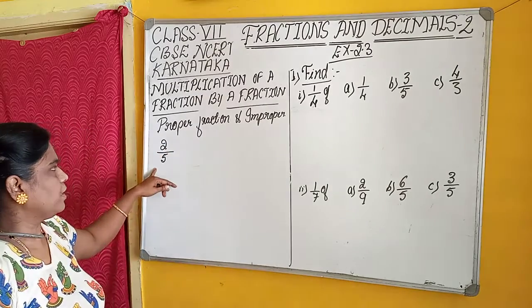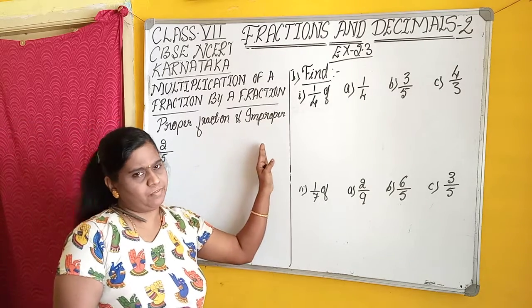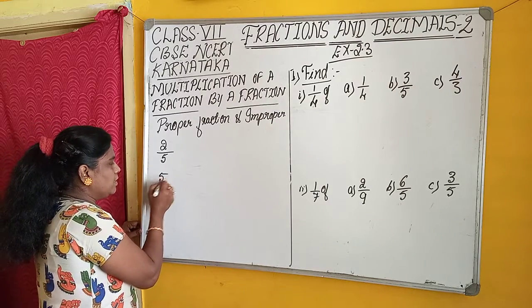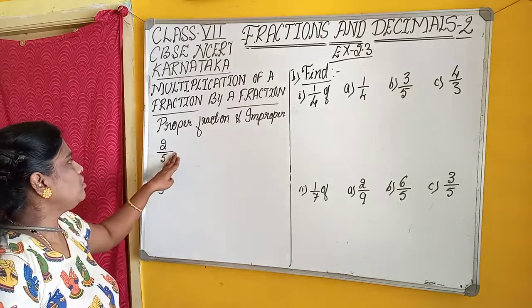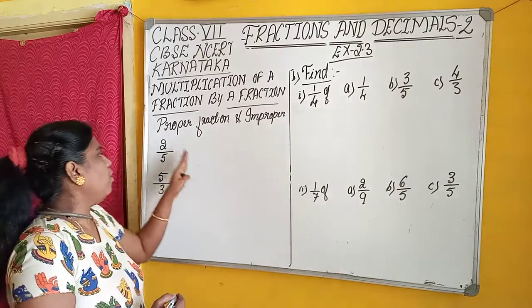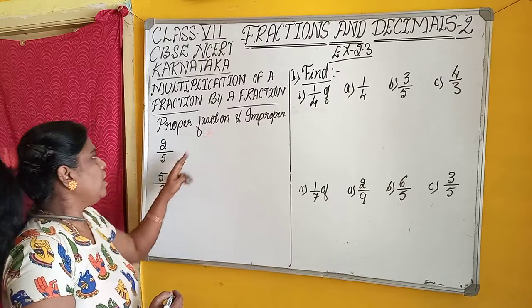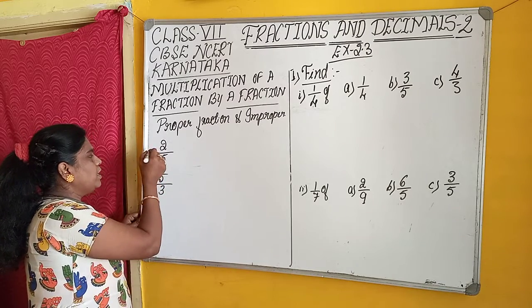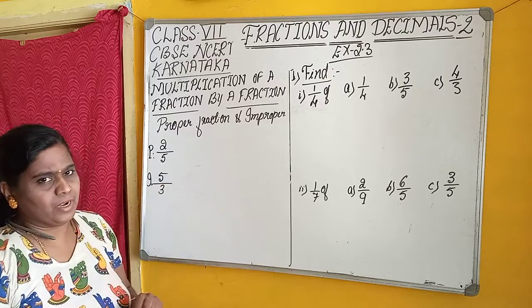Improper fractions means the numerator is greater than the denominator. In proper fractions, always the numerator is less than the denominator. In case of improper fractions, the numerator is always greater than the denominator.